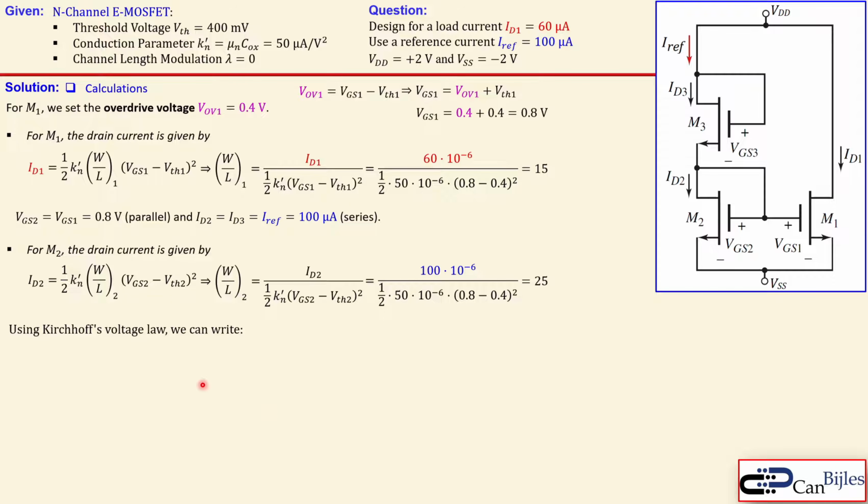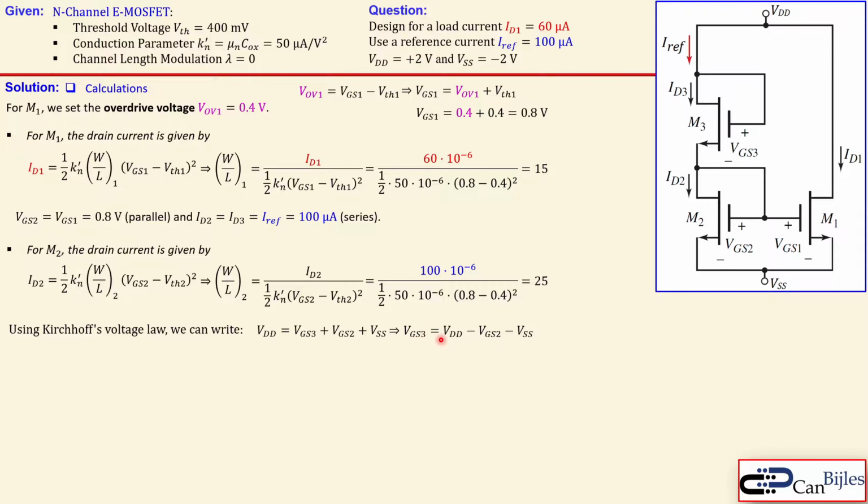Okay, now using Kirchhoff's voltage law, we can write that VDD is equal to VGS3 plus VGS2 plus VSS. That's shown here. Now we can solve for VGS3, because that is the final VGS we need to know.